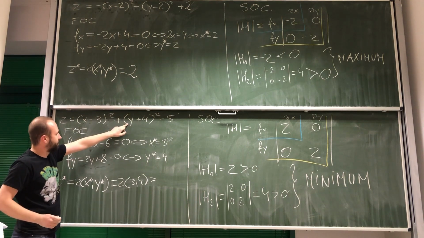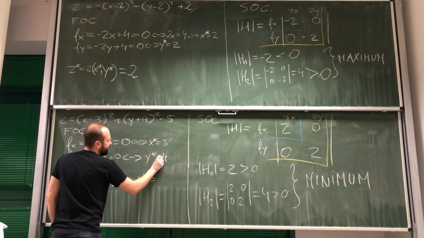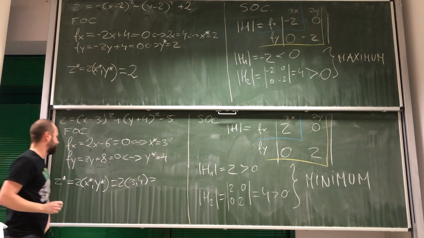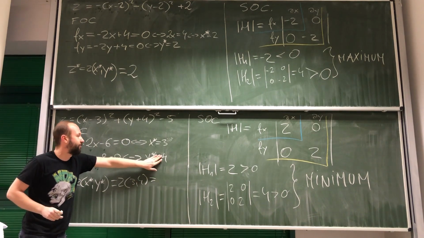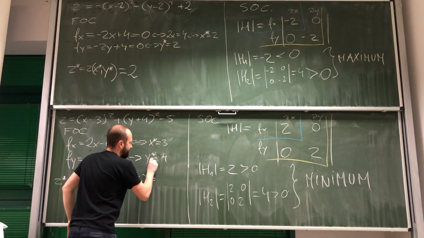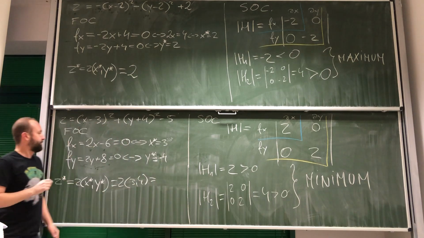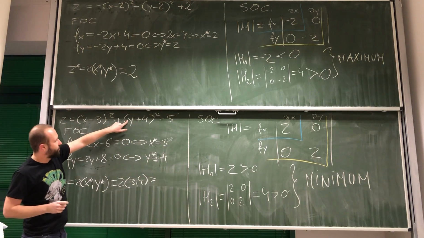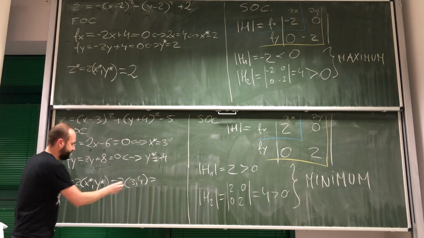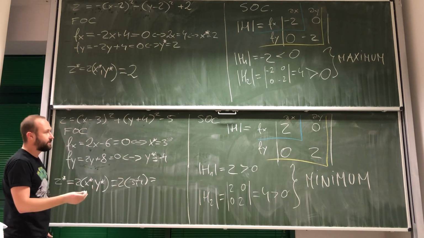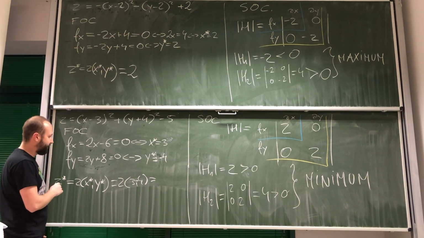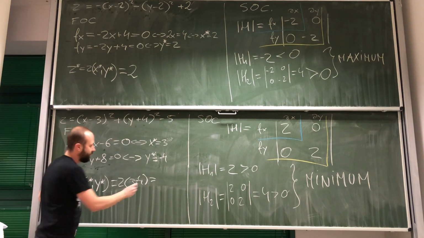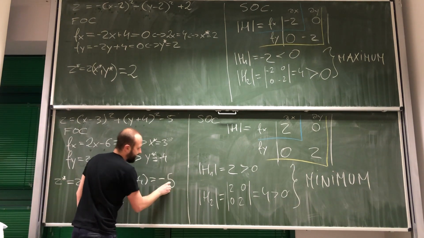If I put 4, oh my god, of course, it was negative 4 over here. My mistake, it's negative 4. If I put negative 4 over here, it's 0. And with 0 over here and 0 over here, our solution is negative 5.